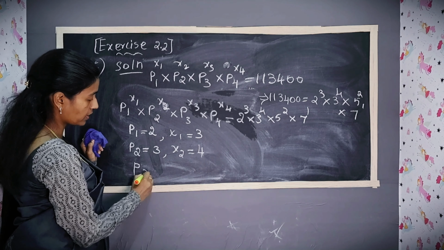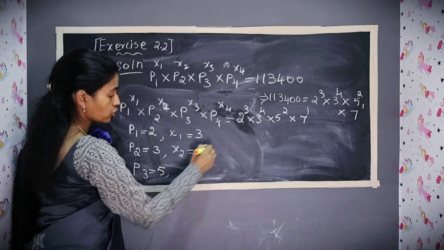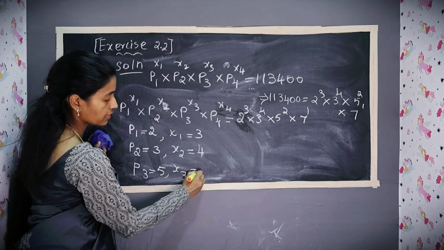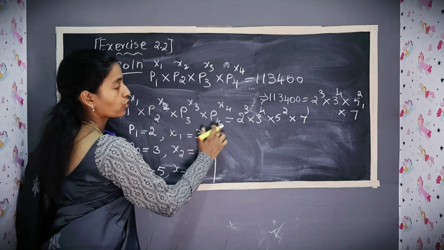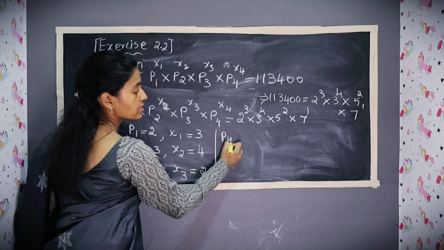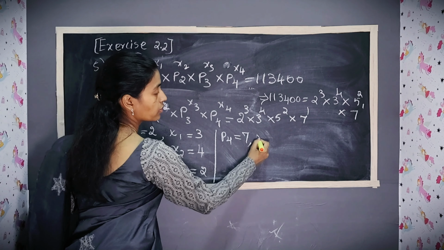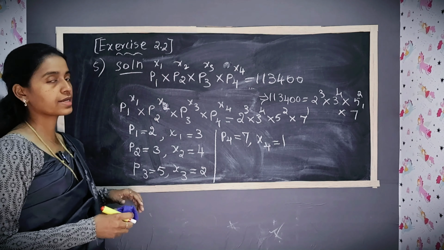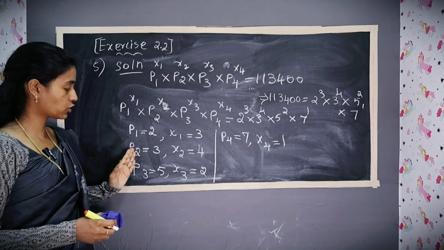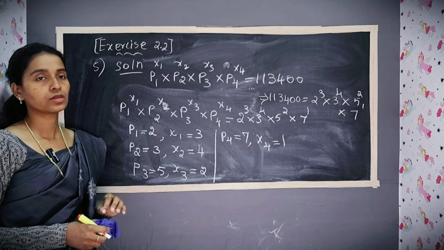So p3 equals 5, and in place of x3 we are having 2. x3 equals 2, and finally in place of p4 we are having 7. In place of x4 we are having 1, right? This is the answer. p1, p2, p3, p4, x1, x2, x3, x4.